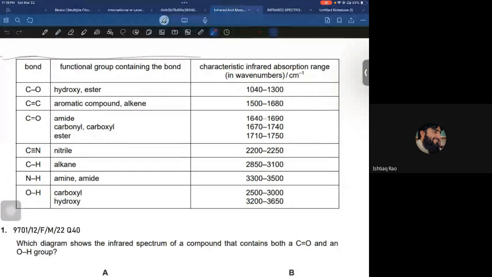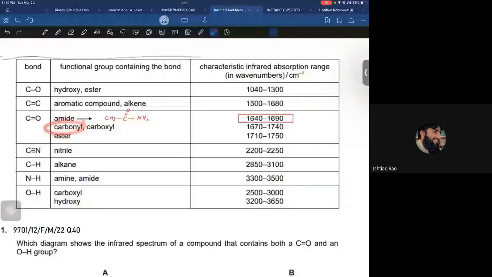But right now, let's suppose if this carbonyl is present in amide, amide is this CH3 C double bond O, so this carbonyl will absorb this much radiation.